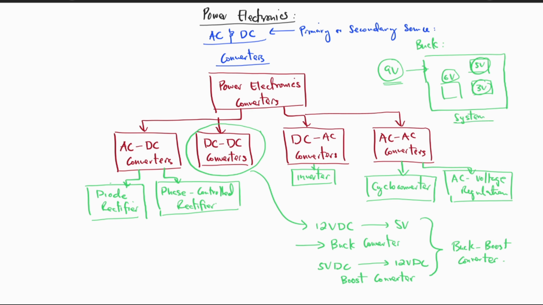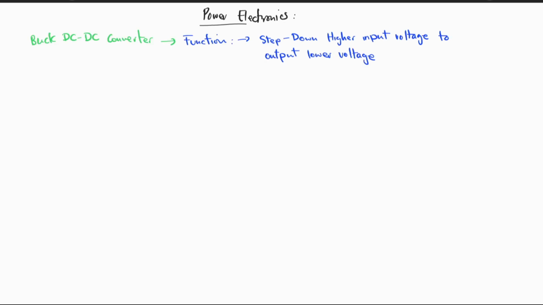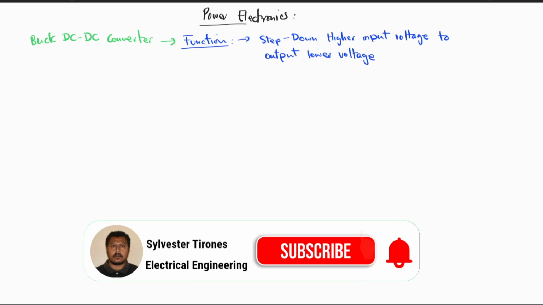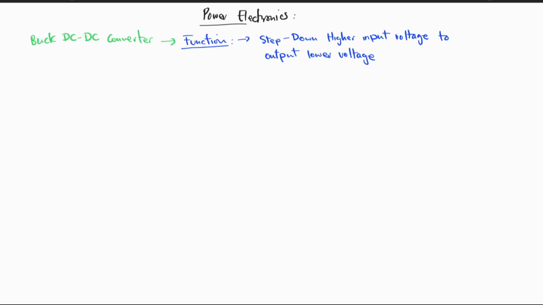And we will also look at the important things that control the entire operation of the buck converter circuit in power electronics. So the buck DC to DC converter, the main function is to step down a higher input voltage to a lower output voltage.